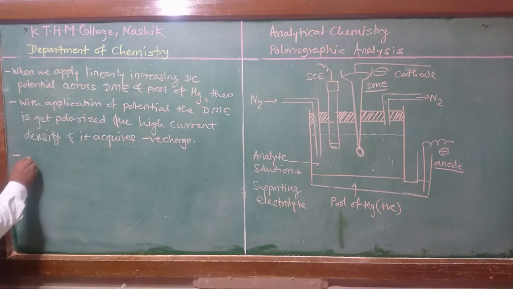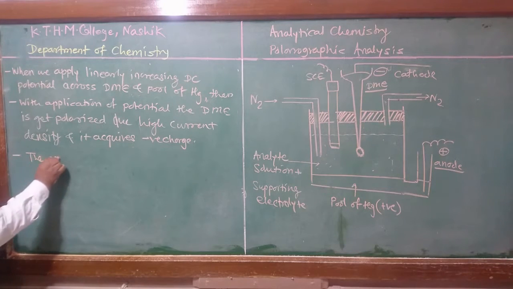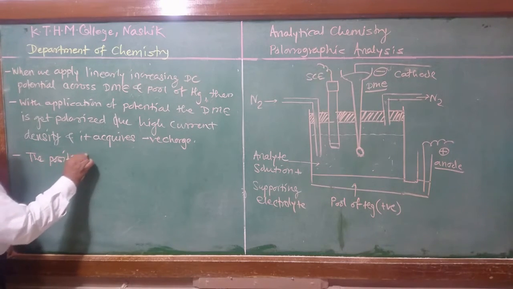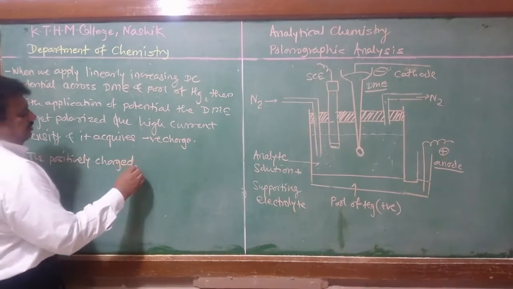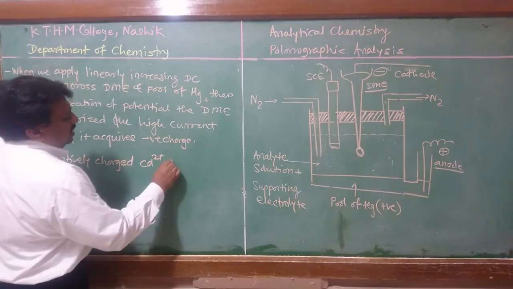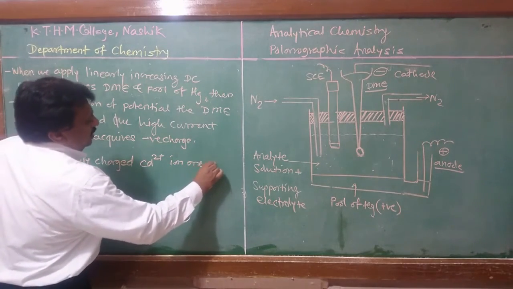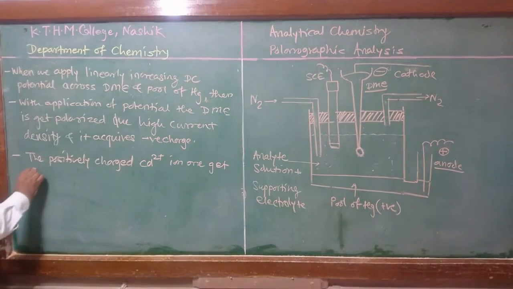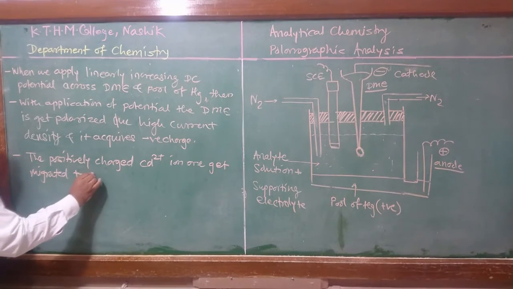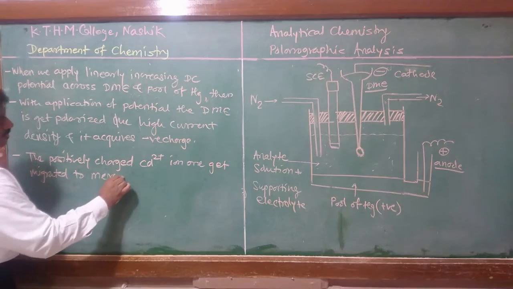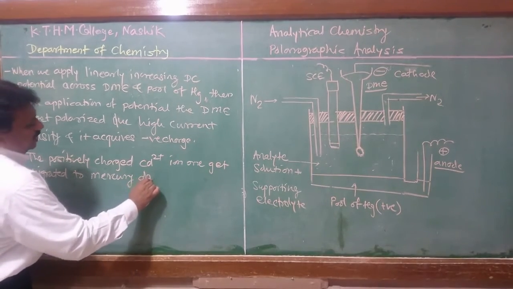once the electrode acquires negative charge, the positively charged cadmium 2 plus ions get migrated to the mercury drop.